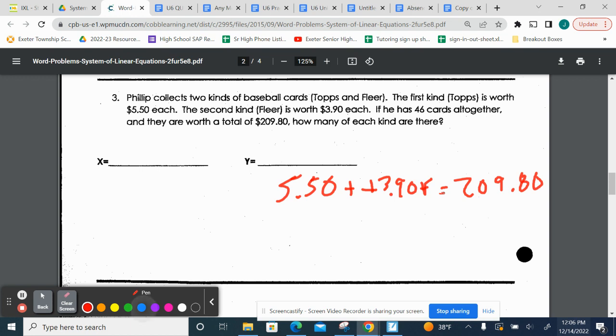And then the number of cards would be T plus F equals 46. And right there you could solve either way, substitution or elimination.